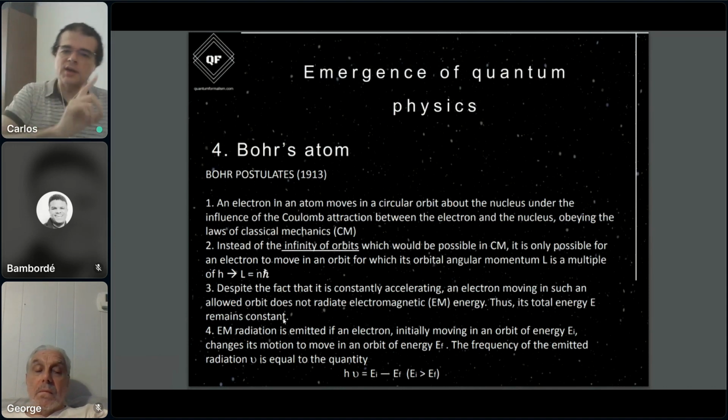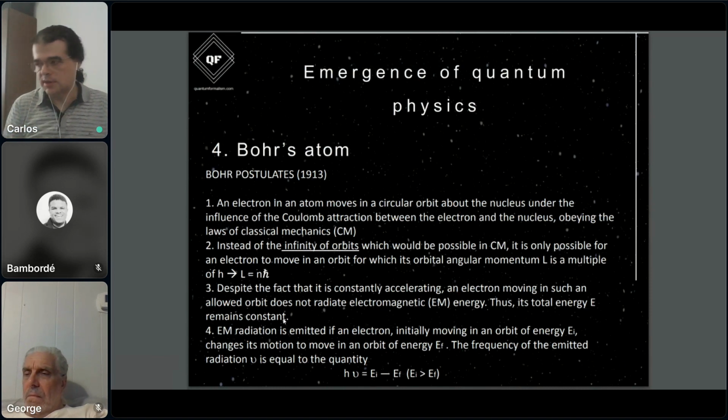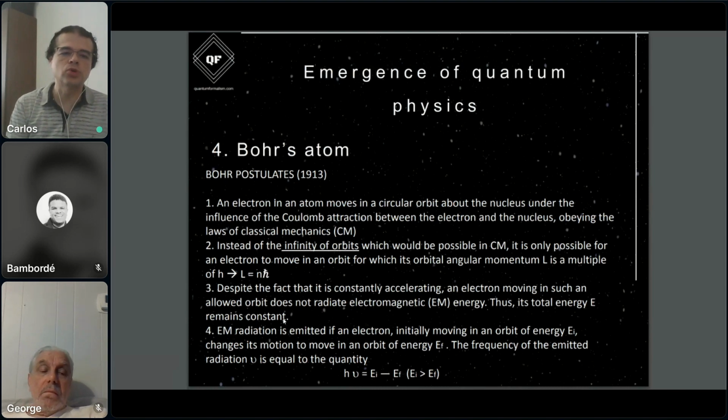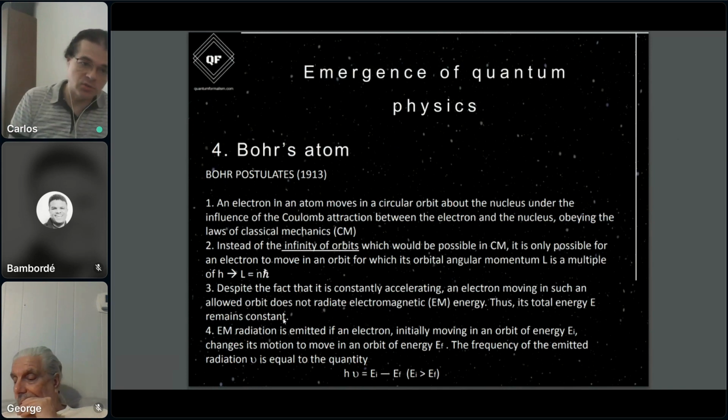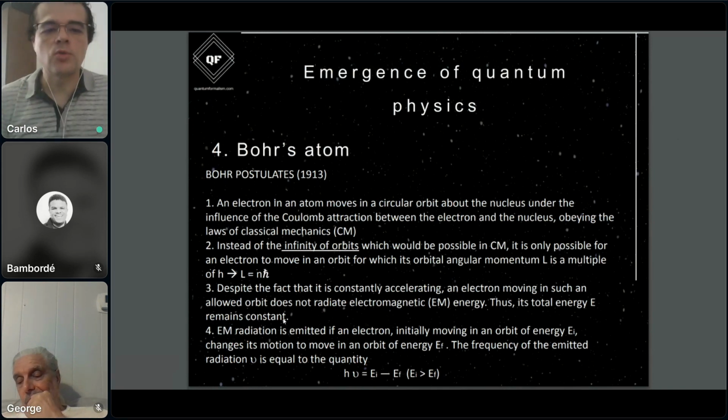So once you are in an orbit, despite what the classical theory said, one of Bohr's postulates says that no, this will not happen, because this is what was observed, right?